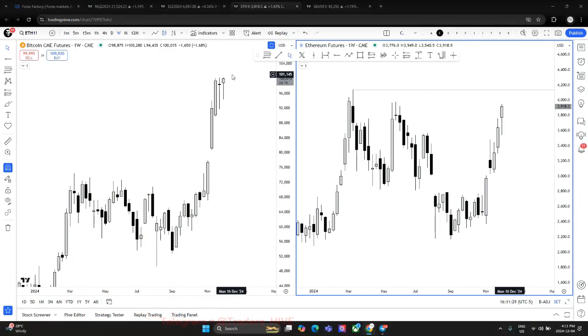Again, we are waiting for one of two things: a precision swing point, which is not a precision candle, a precision swing point. The only time you focus on a precision candle is when you have a precision swing point in another asset.